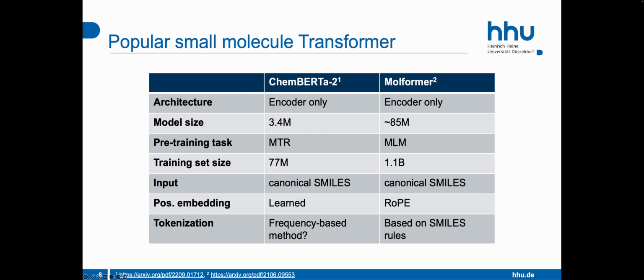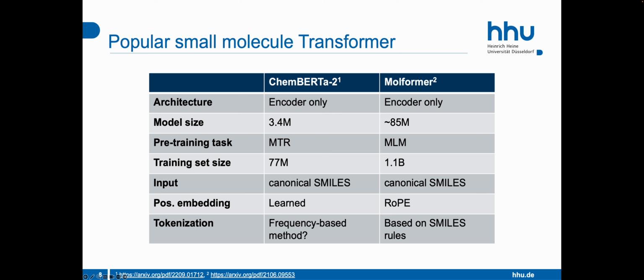And we have just seen that the ChemBERTa-2 model was tested both with masked language modeling and multitask regression as the pre-training task, but the model pre-trained for the regression task performed much better. The MoLFormer, on the other hand, was only trained for the masked token prediction task as a pre-training task.